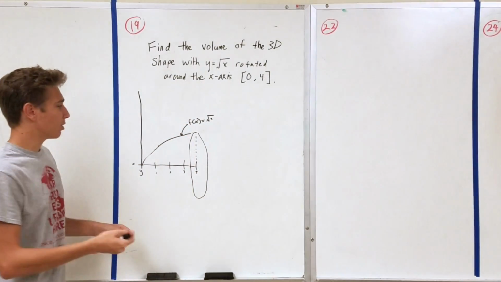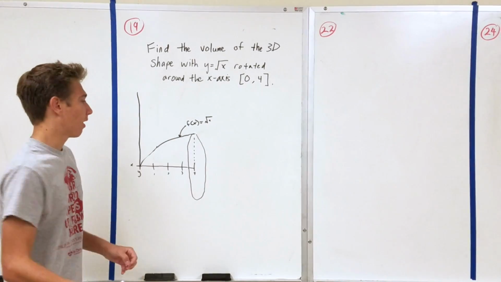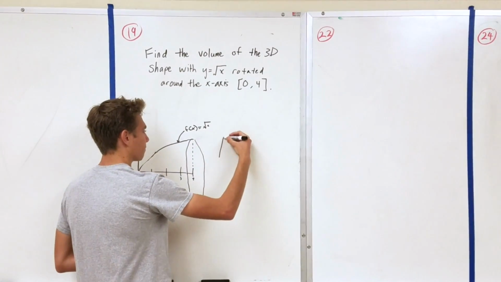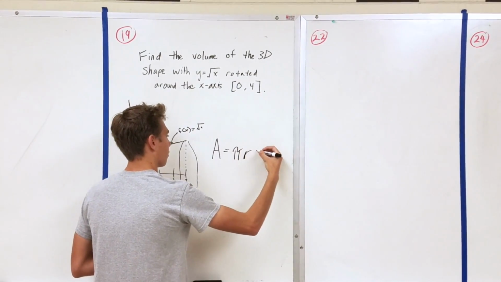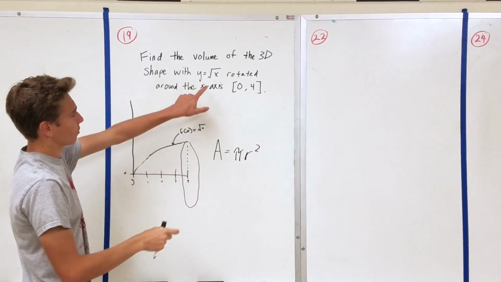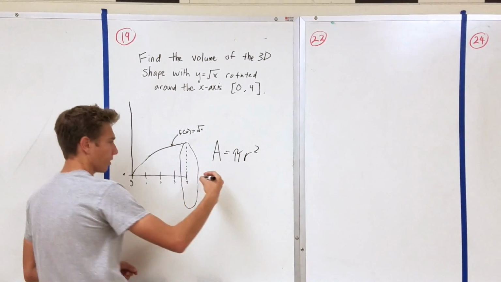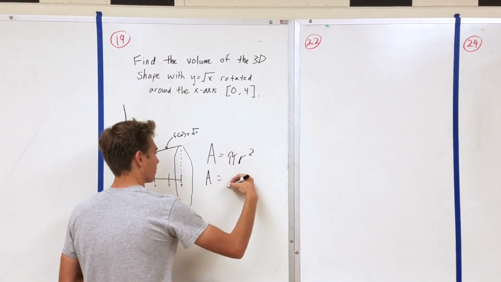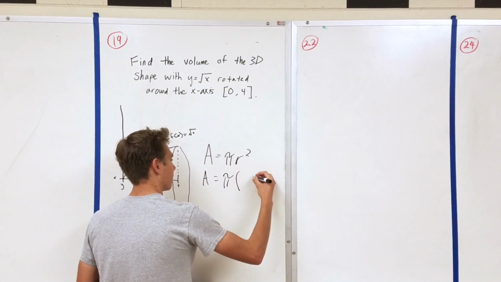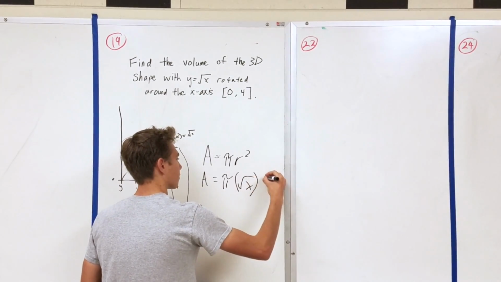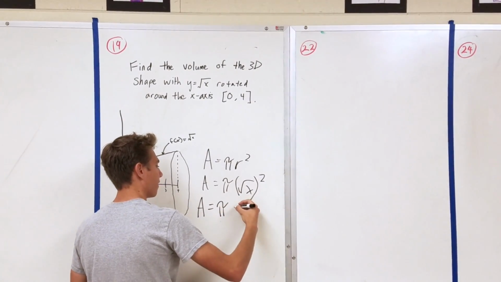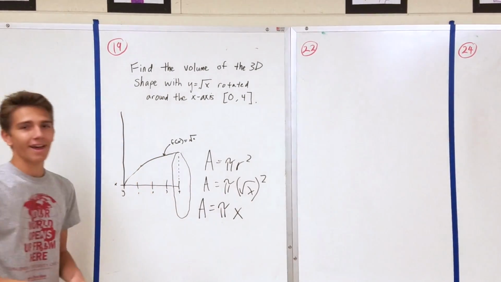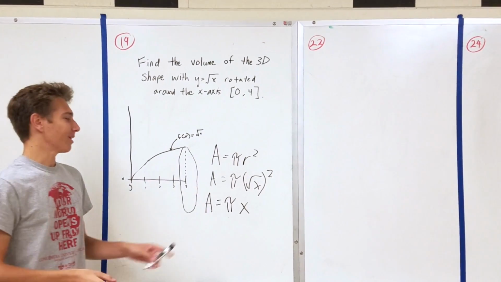So in order to find the volume, first we can find the area by saying that area is equal to pi r squared, and we said that the radius is equal to square root of x, so we can say area is equal to pi times square root of x squared, or A is equal to pi x. And now Cam will integrate.